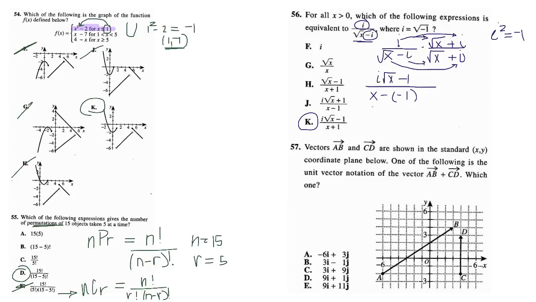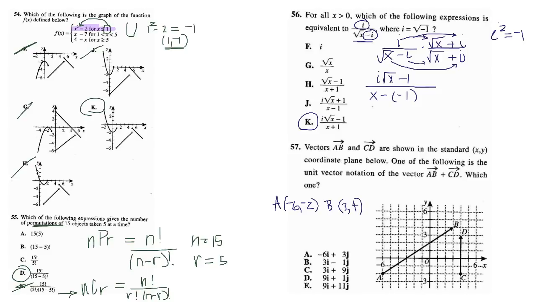Moving on to 57 with vector notation. With this notation, we're going to have to change up a few things. We need to figure out the coordinates for A and B. If we do some counting, A should be -6, -2, and B is going to be 3, 4.